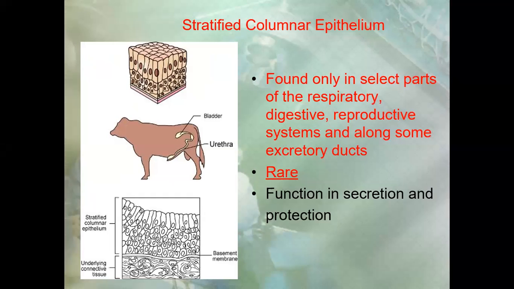So we can see it in some bovine, but honestly, you can just put very rare. Very rare. And those are the 6 configurations of our epithelial cells.